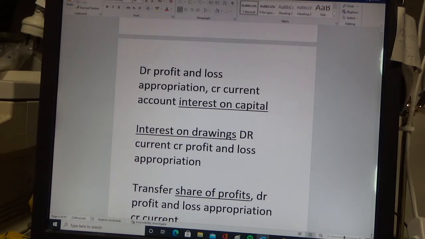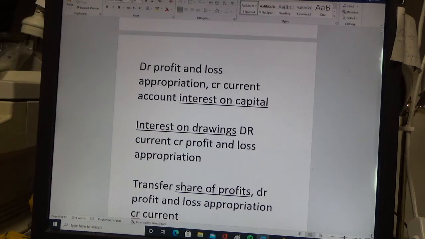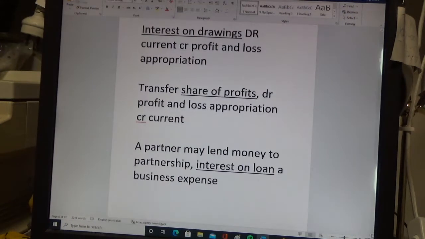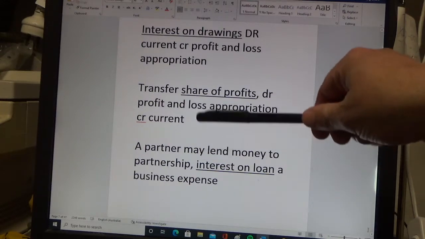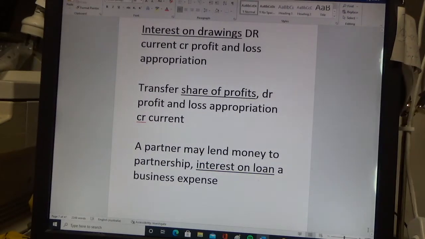Got that the wrong way around at the start. Profit share, you debit P&L appropriation and credit the current account, again listing all the partners A, B and C and so on.